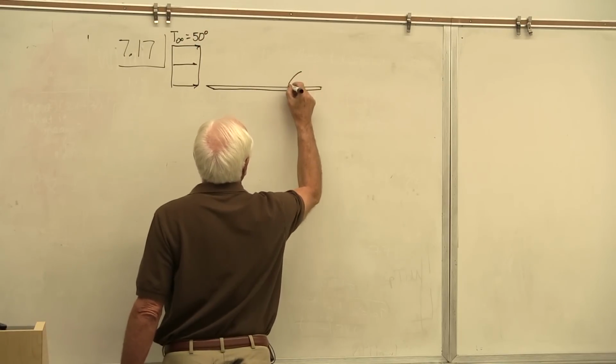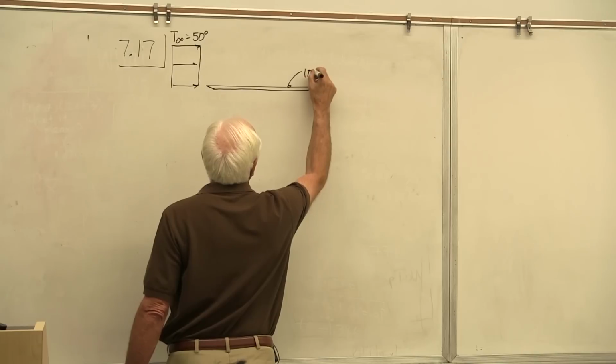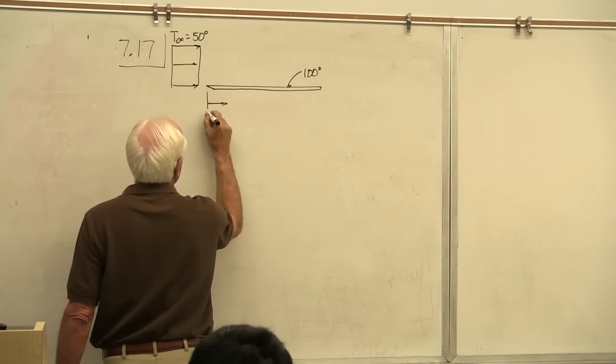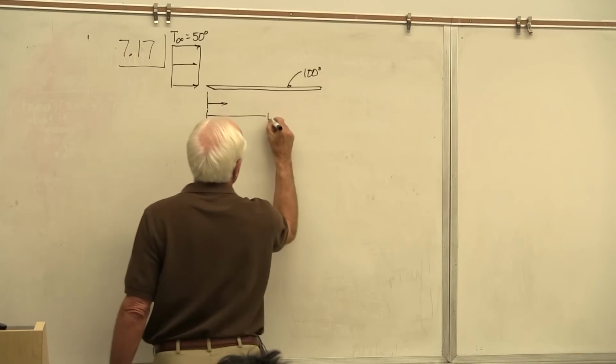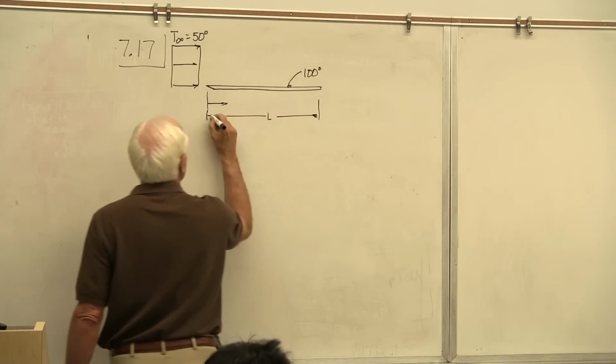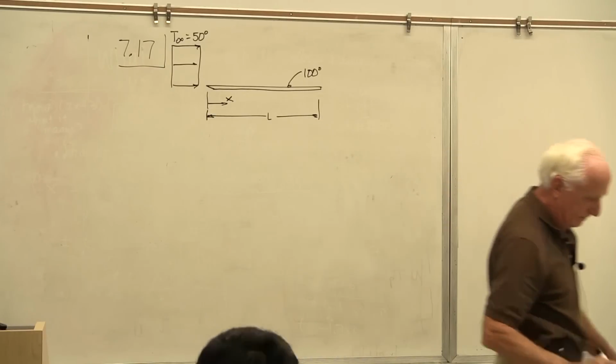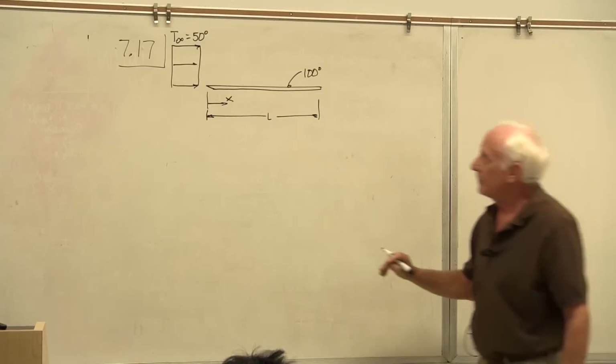T surface of the plate, 100. We're measuring x from here, and the plate length is L. The fluid's air.